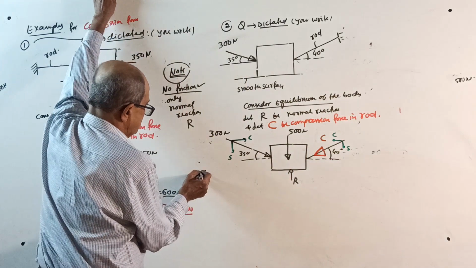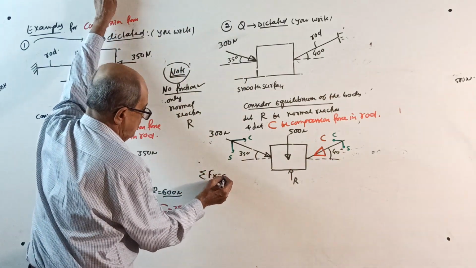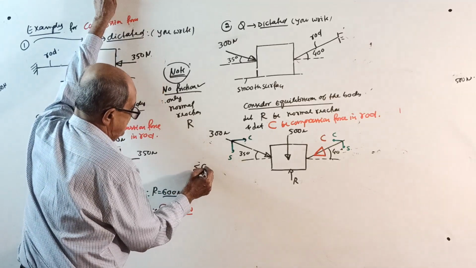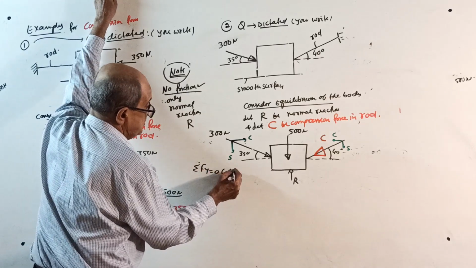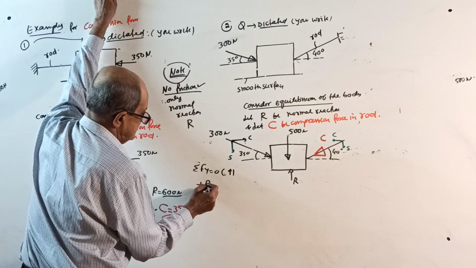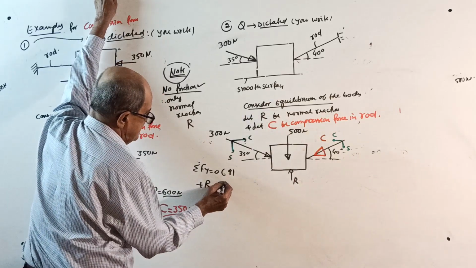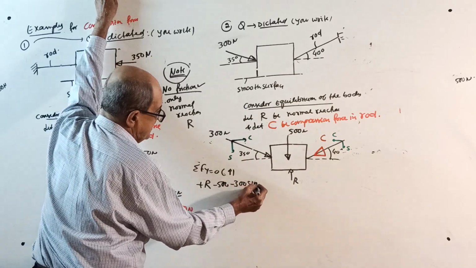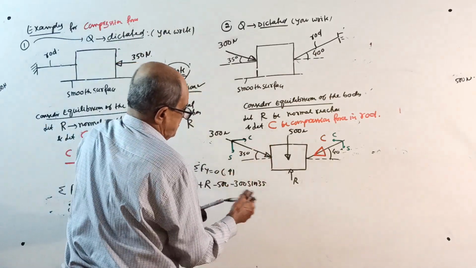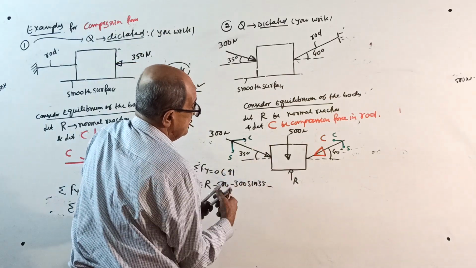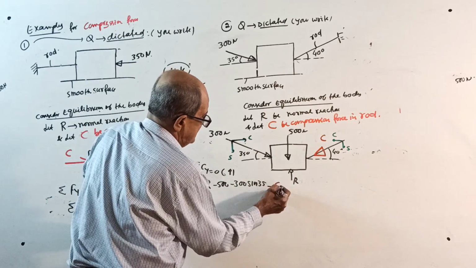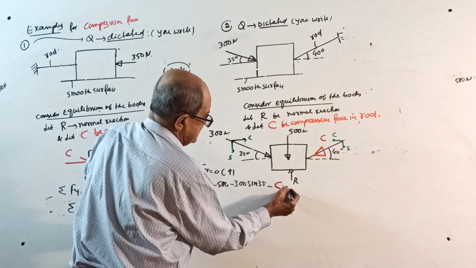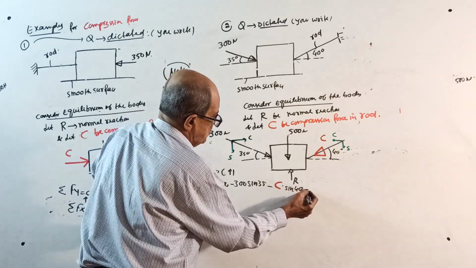Okay, sigma Fy equals 0, take upward positive: plus R minus 500, then minus 300 sine 35, then minus compression force C into sine 40 equal to 0.